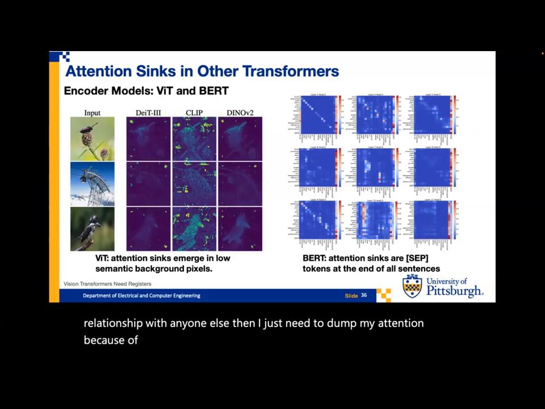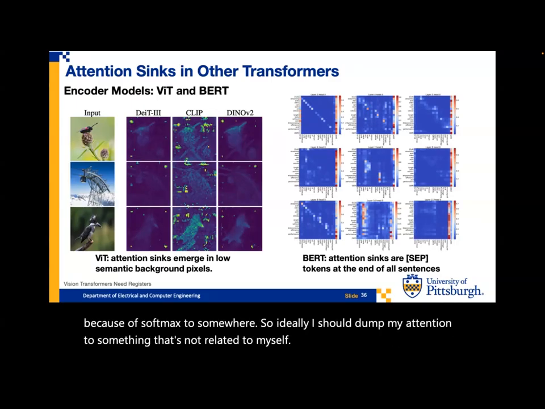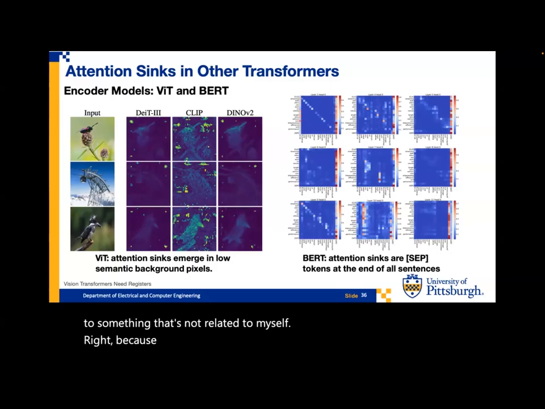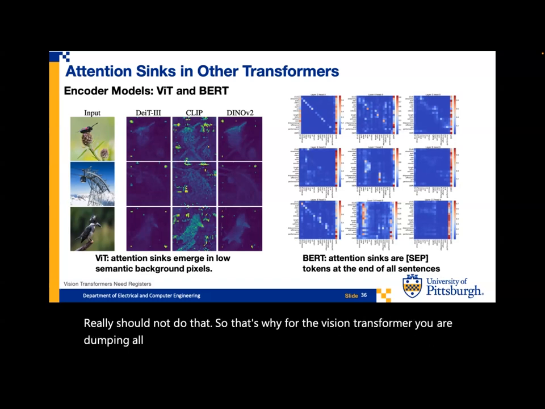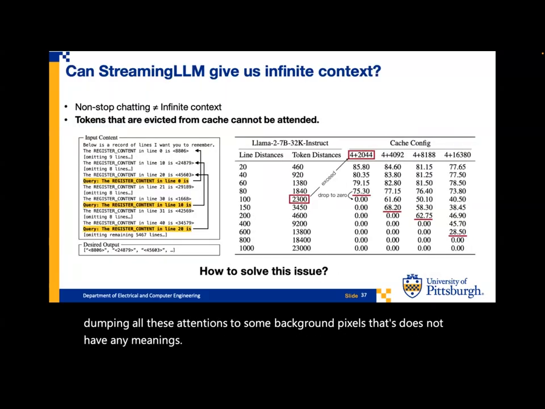Ideally, I should dump my attention to something that's not related to myself, because if I dump my attention to something related to myself, I'm enhancing my relationship, which I should not do. That's why for the vision transformer, you are dumping all these attentions to some background pixels that do not have any meaning. Okay.